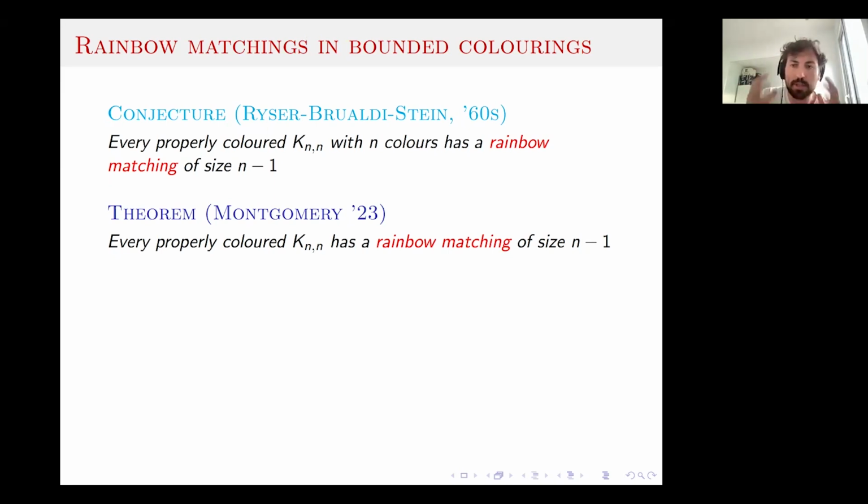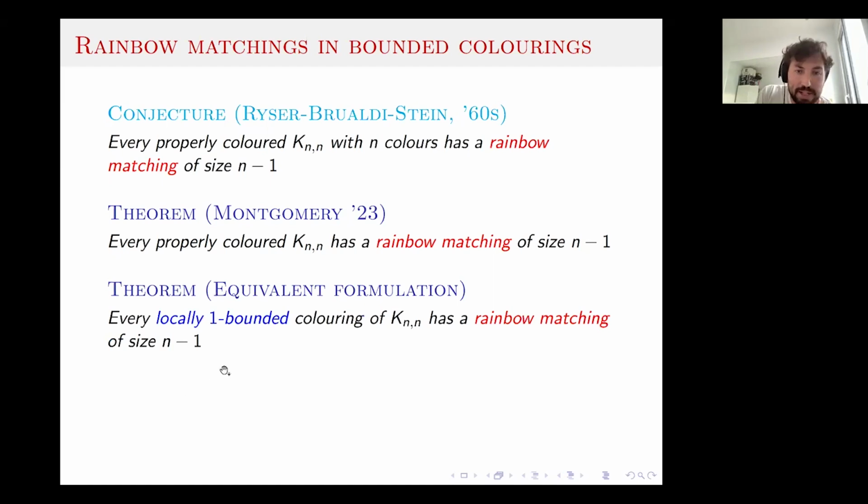Okay, so this very strict structure coming from designs, from Latin squares, is not actually necessary. It's more about the properties of the coloring in the graph world. And let me rephrase that. A proper coloring is just a locally one-bounded coloring, meaning at every vertex, you see at most one edge of each color.